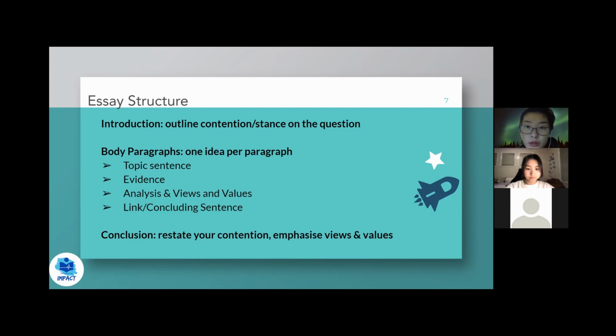It's important to analyze the evidence with consideration of the views and values of the author. Then you link it together in the concluding sentence and all the linking sentences in between. In the conclusion, we're restating the contention, emphasizing the views and values, and also the key take-home messages that you believe the author is trying to send to everyone.